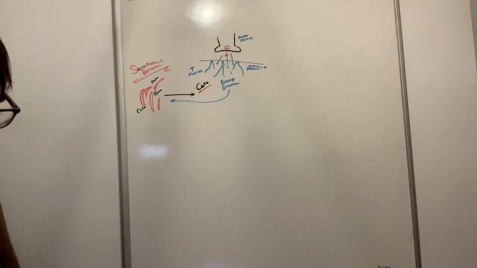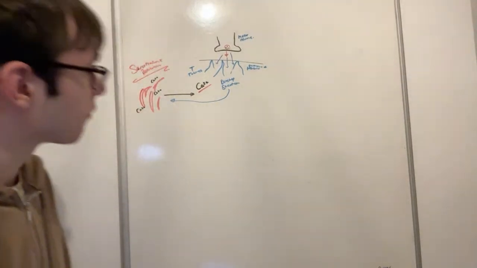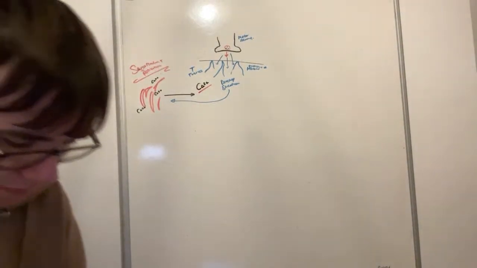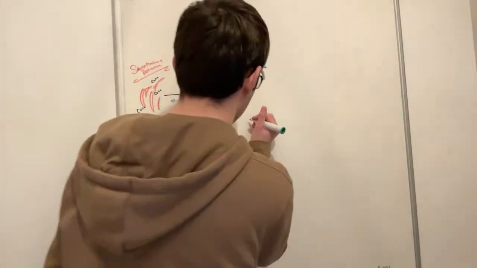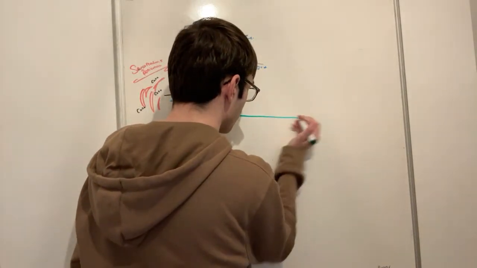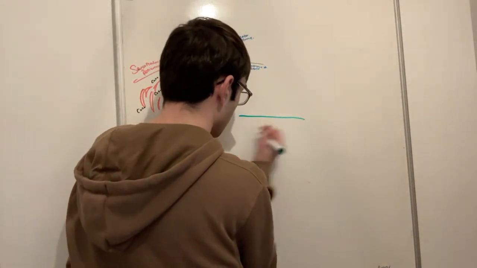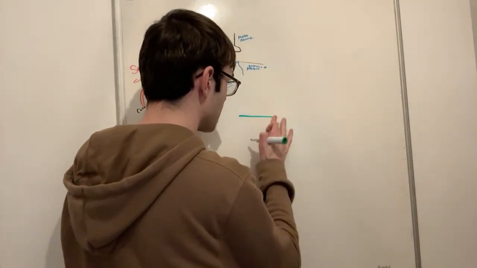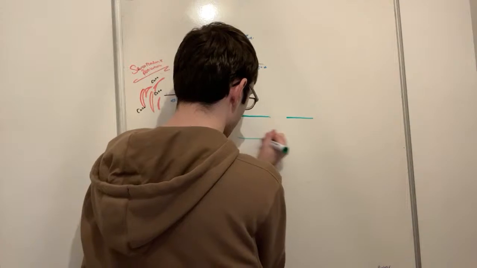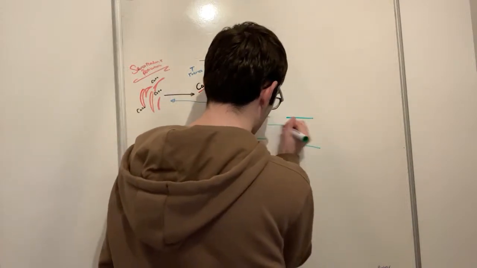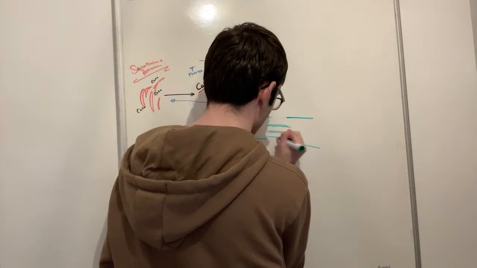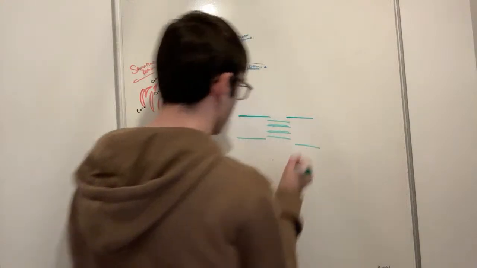Now, this is where we get into the overall sliding filament hypothesis. What we have is a layer of actin, so I'm going to draw it very small to begin, and a layer of myosin, like so.